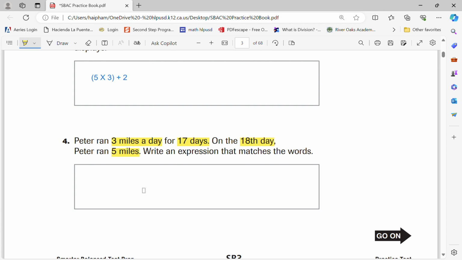So we have the number 3 repeating 17 times. Again, we demonstrate this by multiplying. 3 times 17. Keep that in a parenthesis. And then we have to add the 5 additional miles he ran on the 18th day.